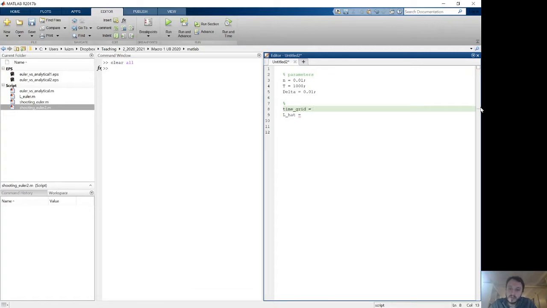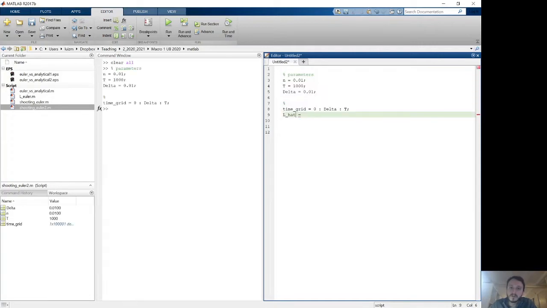Time grid will be a vector saying the time periods. So the first time period is 0, and delta and t. So let me run this and I will show you what this gives.